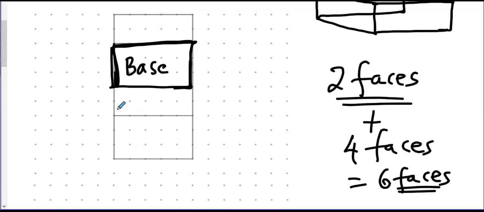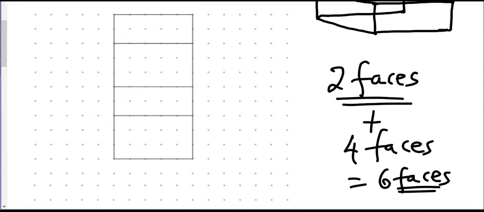So you can see that this face here and this face here are attached to this face. In other words, the face to which other faces are attached is what we call the base. So this is your base. Now to this base, I'm going to attach 2 other faces.